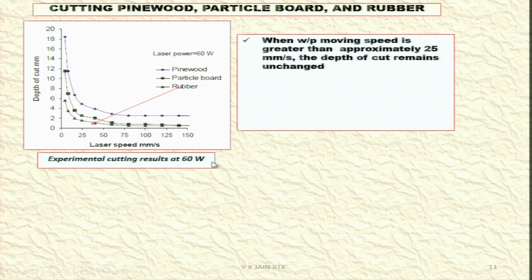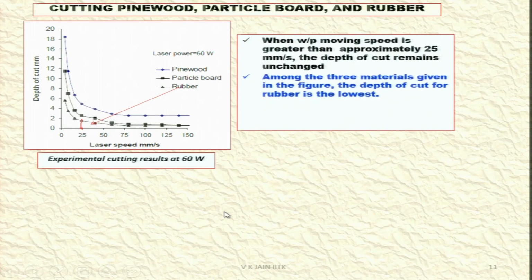You can see here this is 25 millimeter per second as the laser speed, and after this the depth of cut becomes more or less constant. Among the 3 materials given in this figure, the depth of cut for rubber is the lowest, that is given over here, and highest is for pine board.